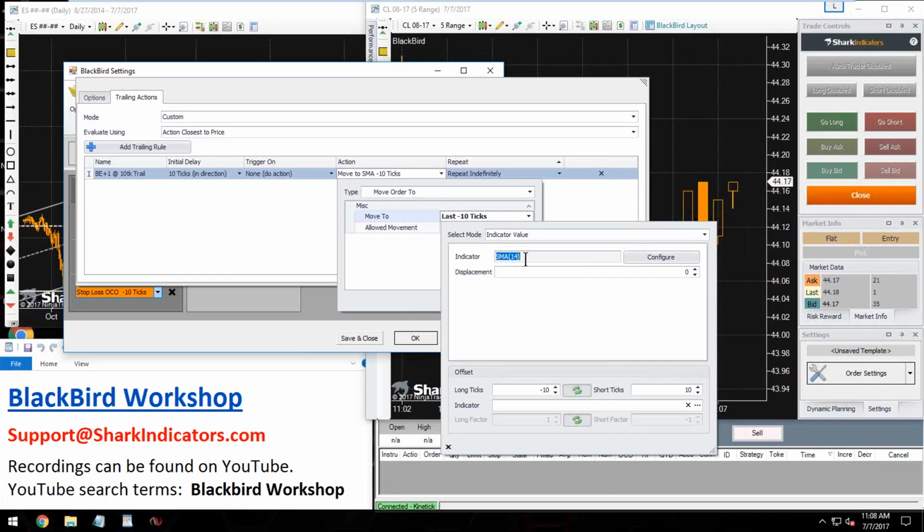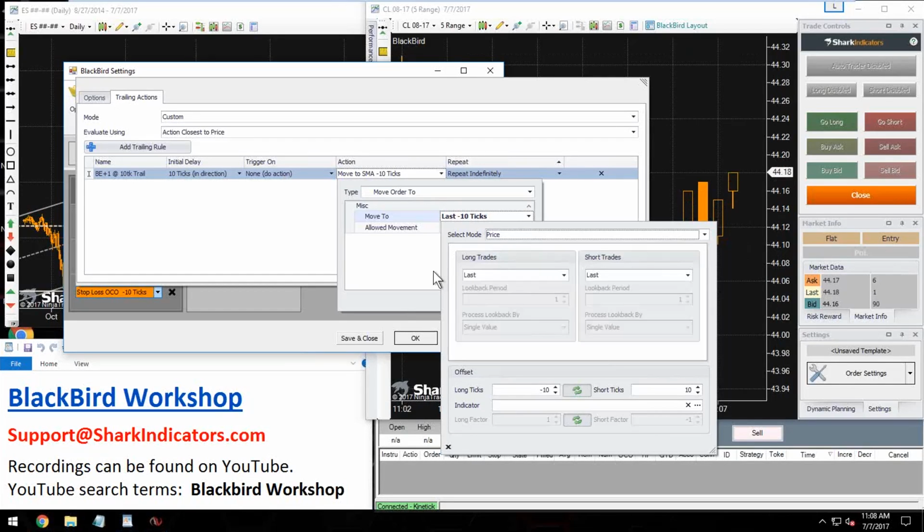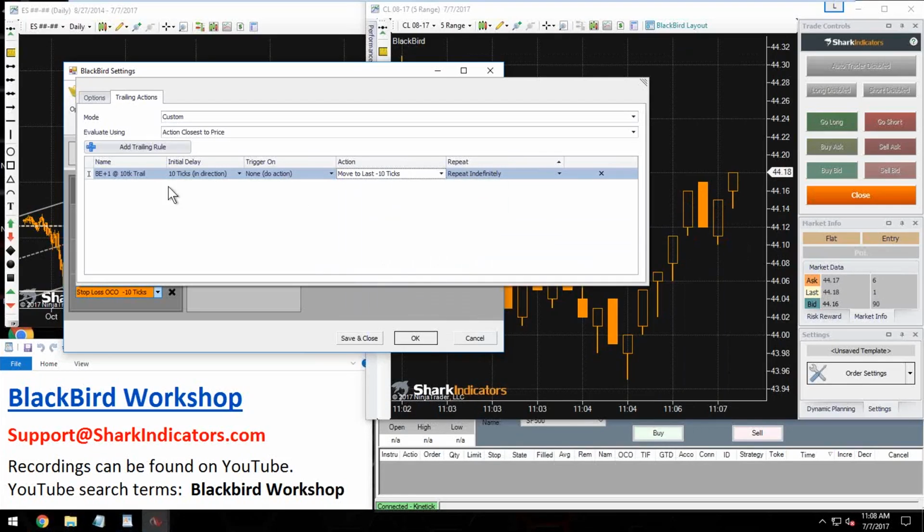Right, that's the only way that you can get indicators to update in real time. But again, since this trailing rule uses no indicators, this trailing rule will update on a tick by tick basis.